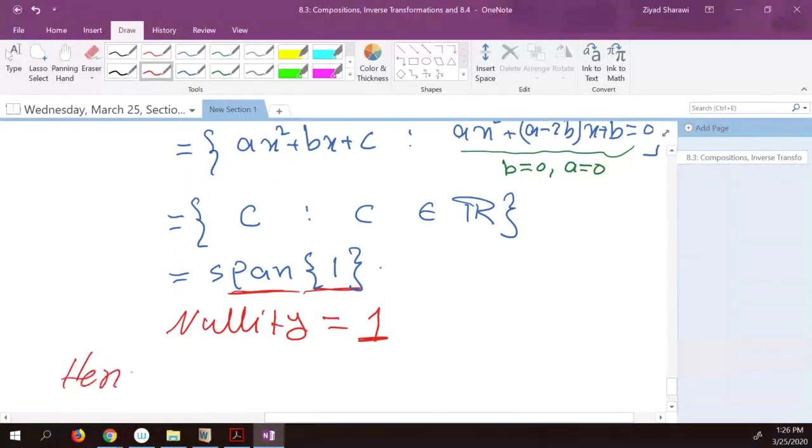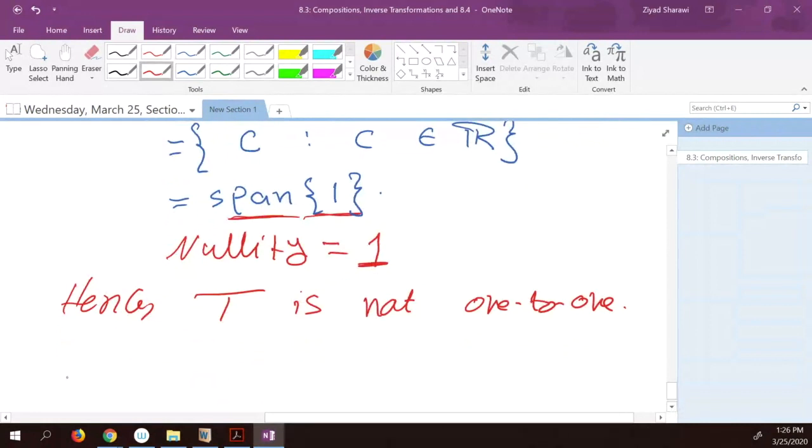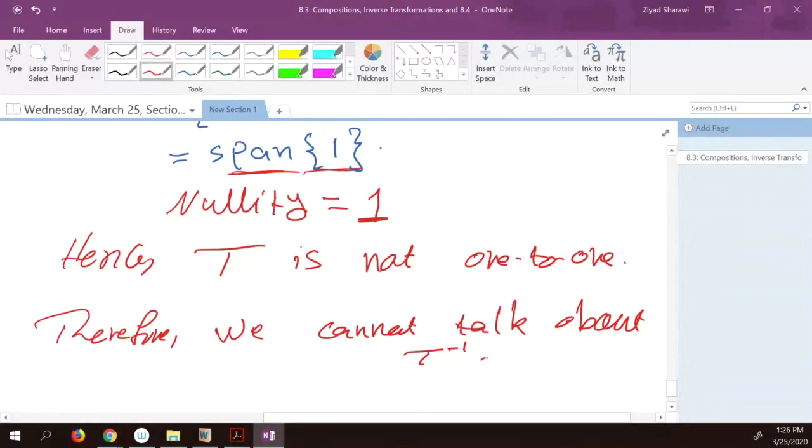Hence, T is not one-to-one. Therefore, we cannot talk about T inverse.